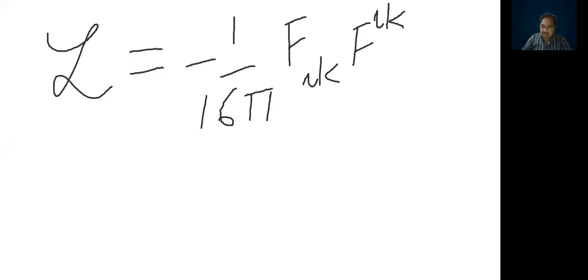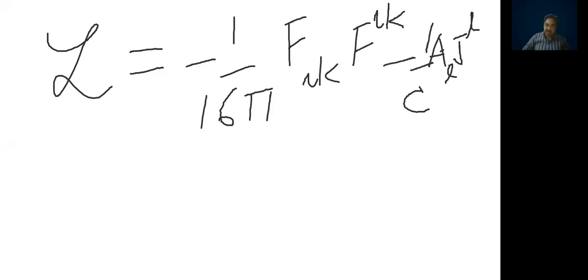And then we had another term to this, and that was 1/c A_l J^l. So the second term takes care of the sources. The first term is only for the free fields.